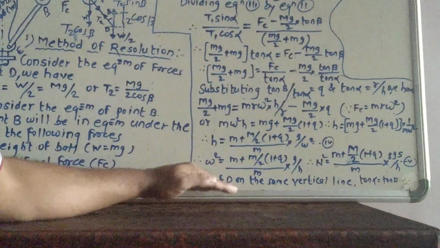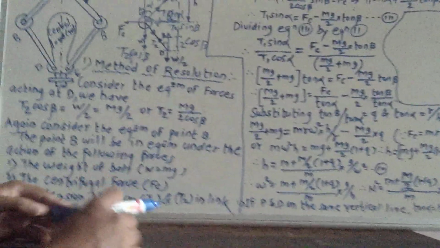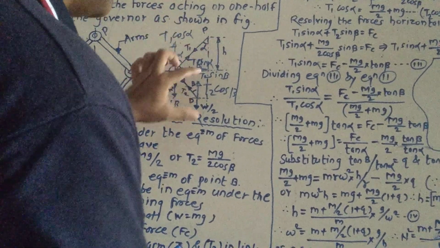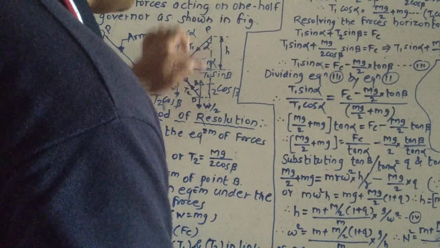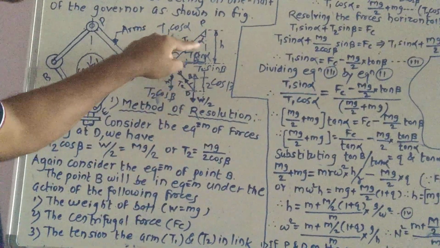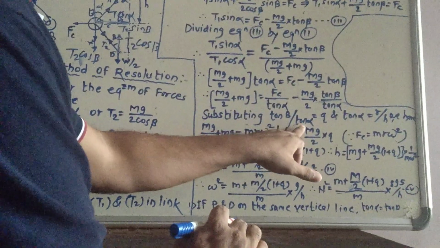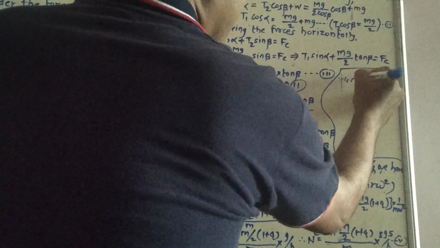So in this case, when P and D, so here is the P and here is the D, when this P and D are on the vertical axis, on the same axis, then the value of this alpha and beta becomes equal. So when the value of alpha and beta becomes equal, what we get here, tan of beta by tan of alpha equals to, simply Q equals to 1.